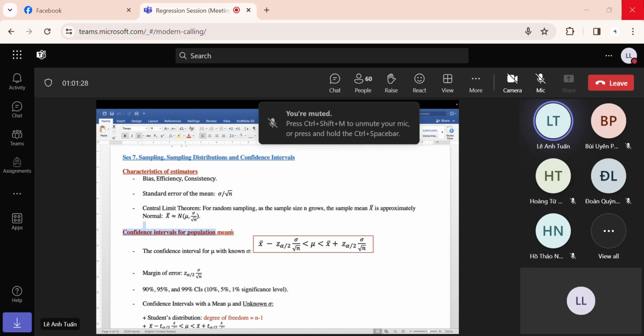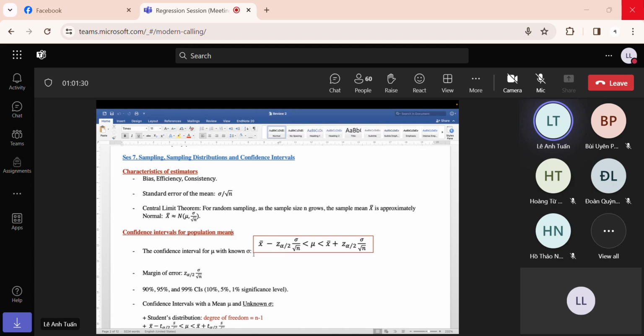Similarly, we do not know the population coefficient. We use the sample to estimate the sample coefficient, and we plus and minus the margin of error to calculate the confidence interval for the population coefficient.